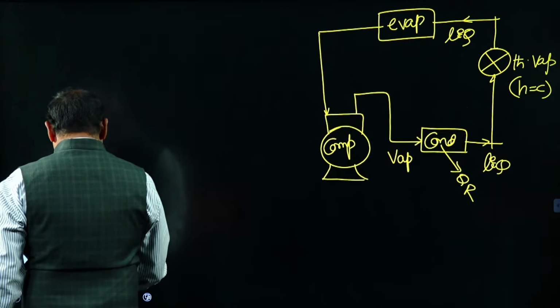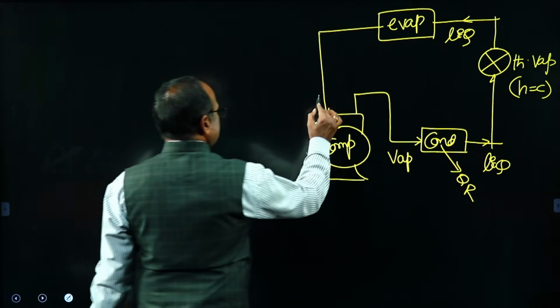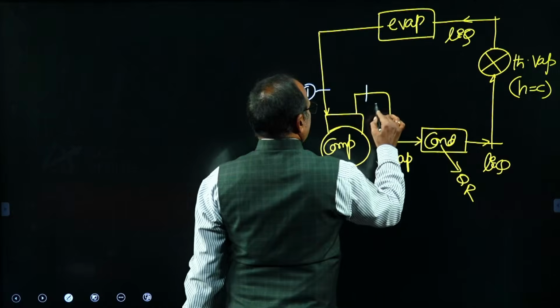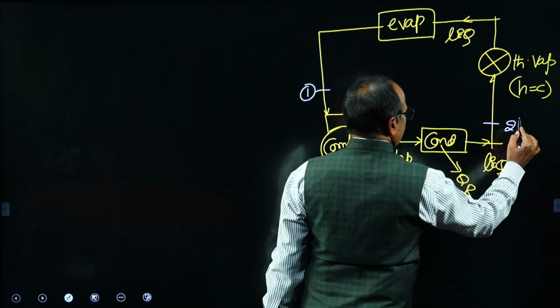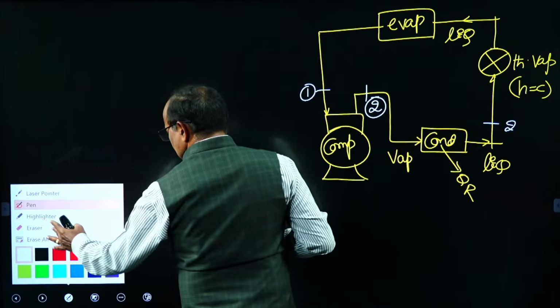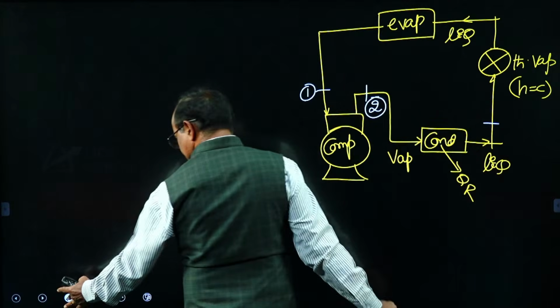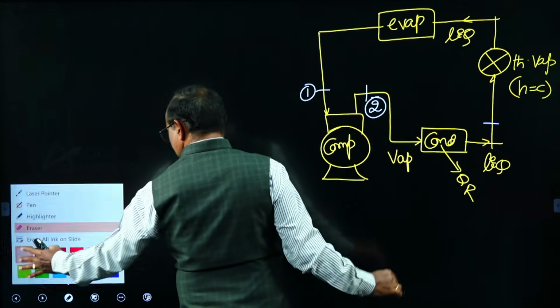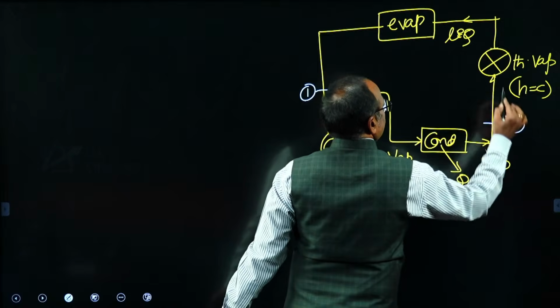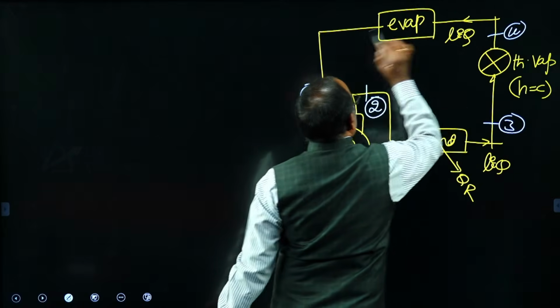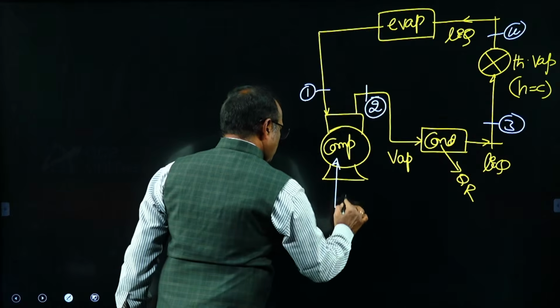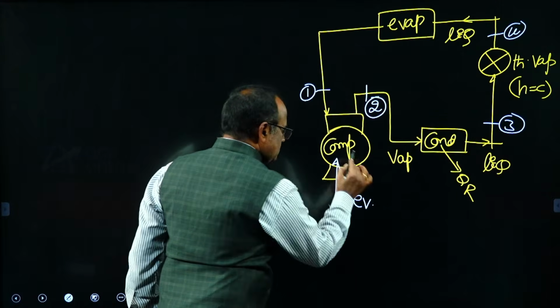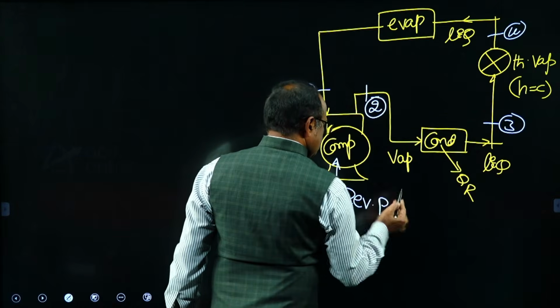Now if you look at the different states, 1 to 2 is generally reversible compression, called isentropic compression. 2 to 3, constant pressure condensation. 3 to 4, throttling process. 4 to 1, evaporation. The process with the compressor is a reversible process.